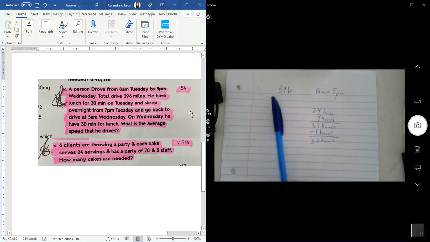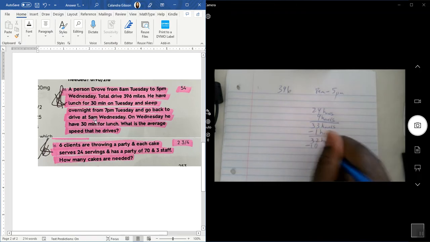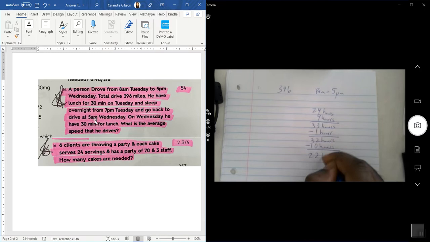From 7 p.m. Tuesday to 7 a.m. Wednesday would be 12 hours, and they woke up 2 hours before that, so they actually slept 10 hours. So that would give this person 22 hours that they were actually driving.